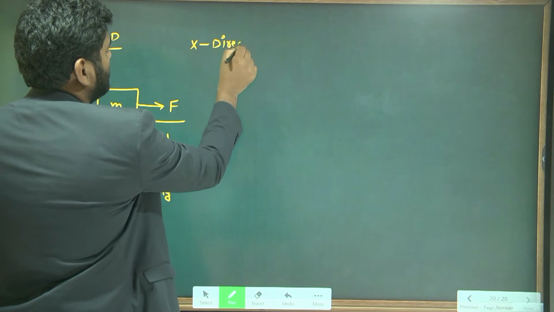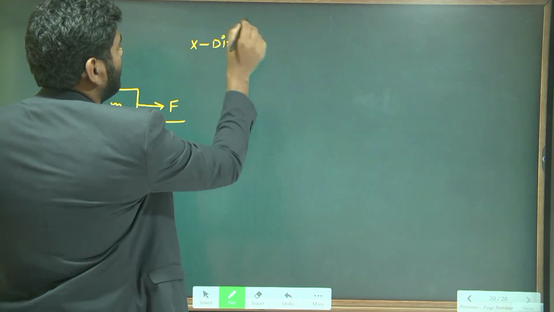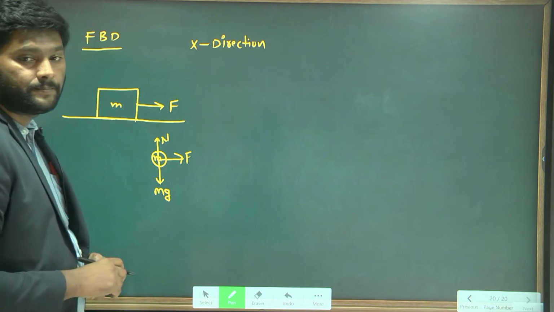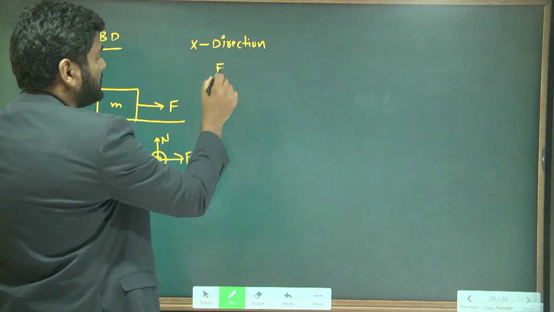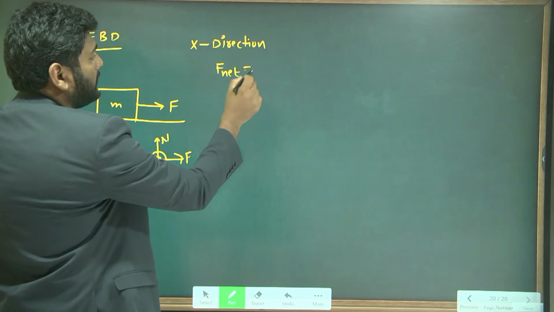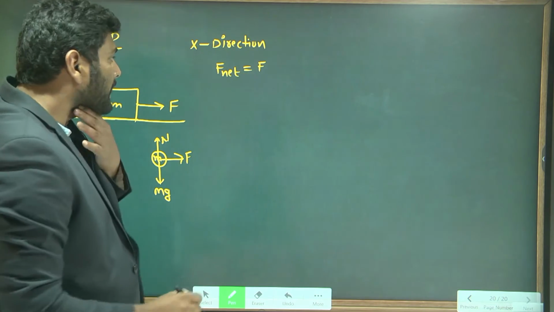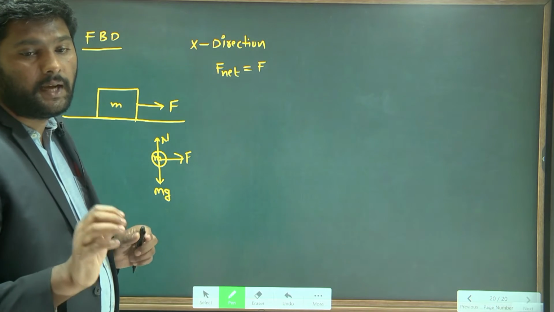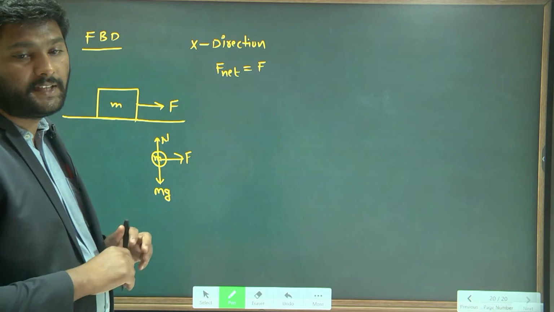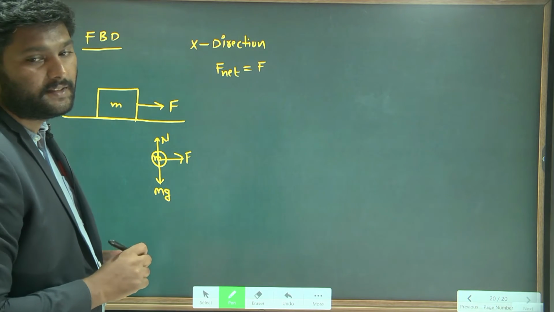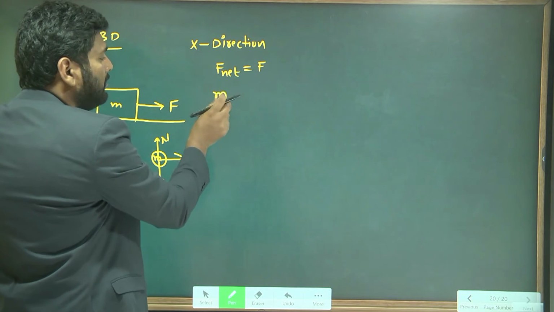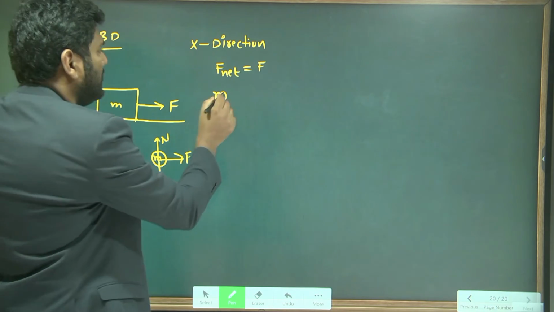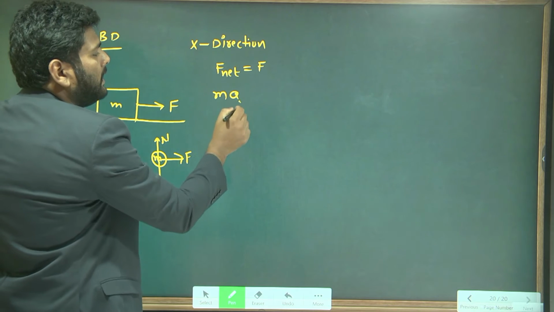Along the x direction, how many forces are acting? One, sir. F net along the x direction is F. According to Newton's second law, what is F net? ma. Very good. m means the mass of the object, a is the acceleration in the x direction.